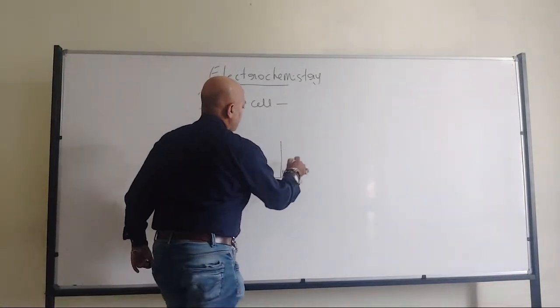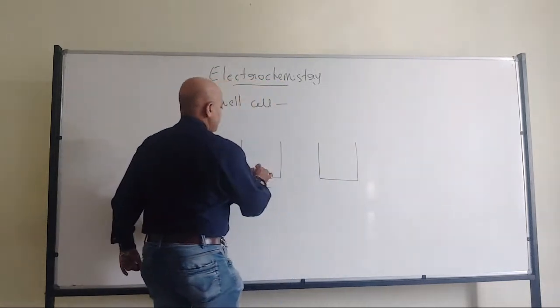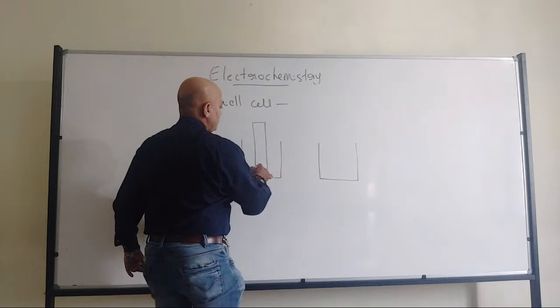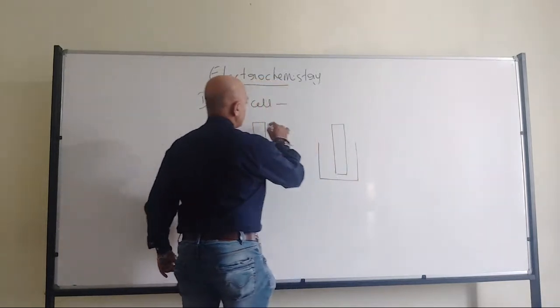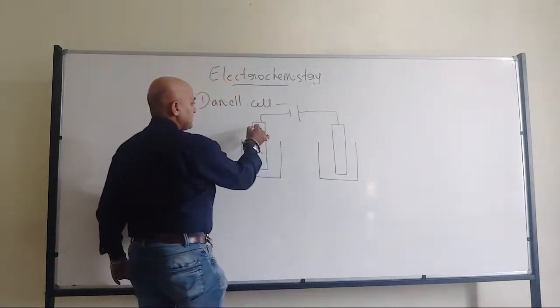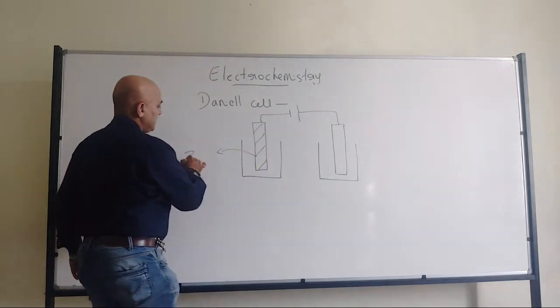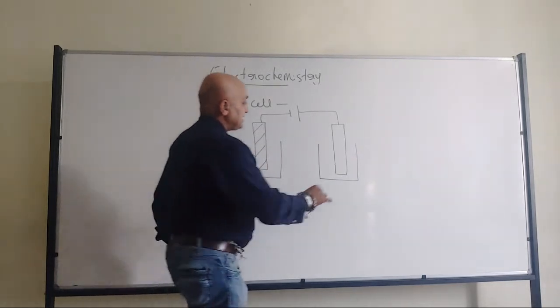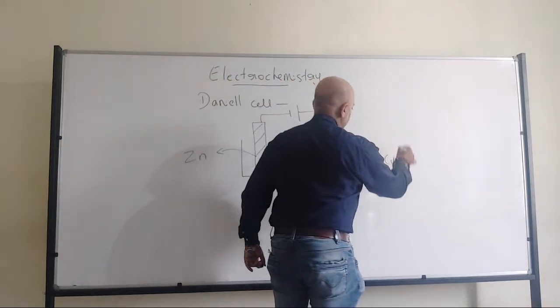When I am talking about the Daniell cell, that's where we have the anode and the cathode. Now this will be the representation. This particular electrode will be zinc and this electrode will be copper.